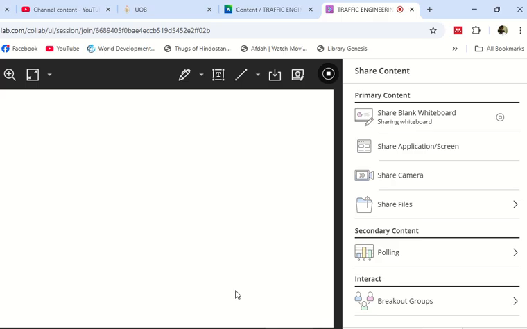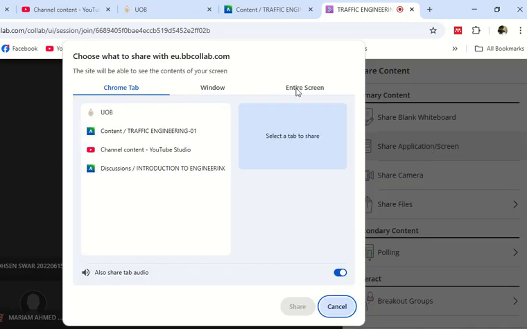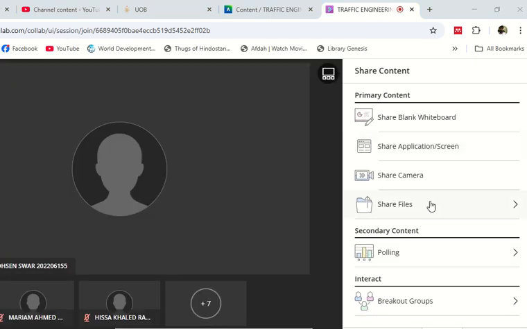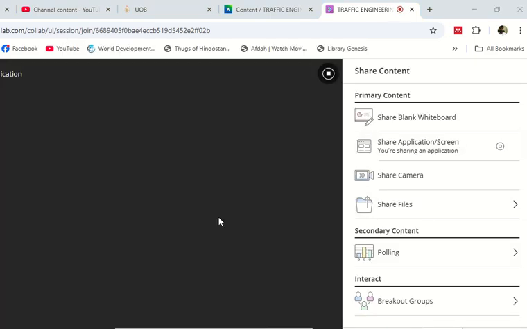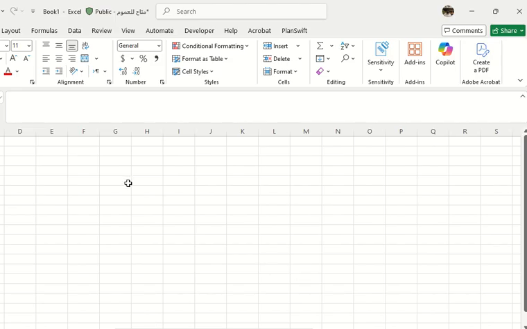Okay, can you see the Excel sheet, or did I just destroy everything? Okay, I believe now you can see the Excel sheet.